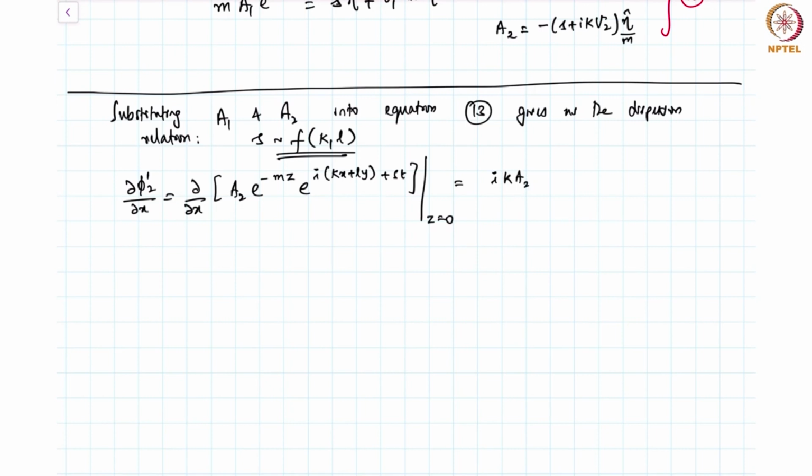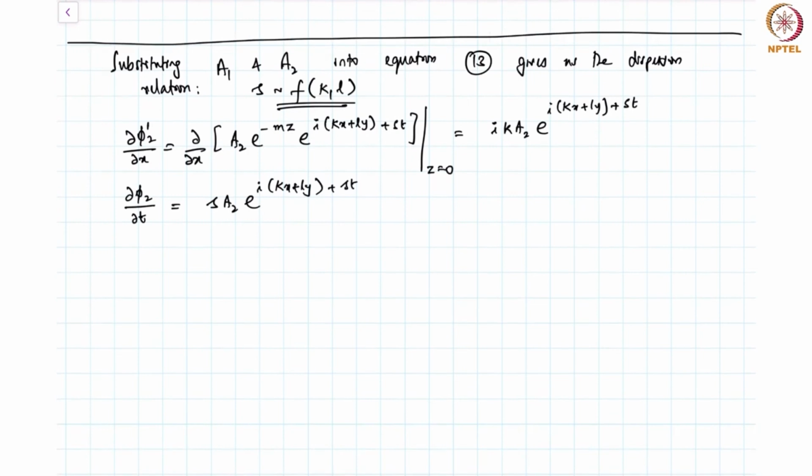The exponential of ikx simply becomes ik times the rest of the exponential terms, that is kx plus ly plus st. Similarly, we have to evaluate this quantity as well, del phi 2 by del t, and this simply becomes s A2 e power i(kx plus ly plus st). This should be st, sorry, correct that. That's st. Okay, now let's substitute in the equation.